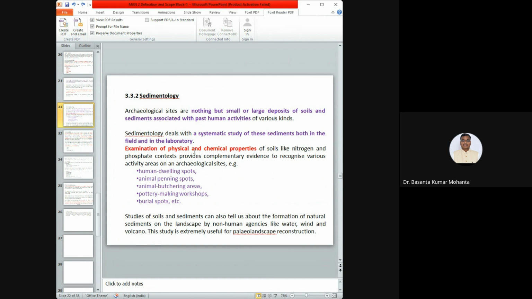So sedimentology helps us to know such kind of formation of archaeological sites. And here we also need to take different kinds of help from sedimentology to systematically study the sediments and their relationship in the formation of those archaeological sites.